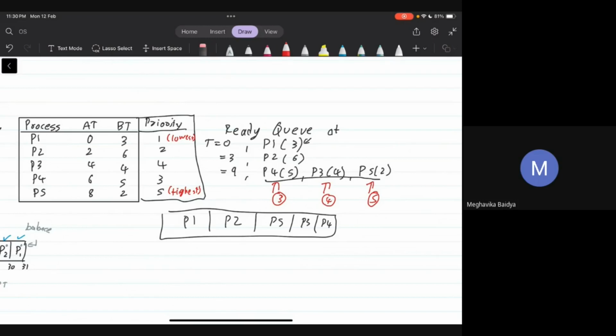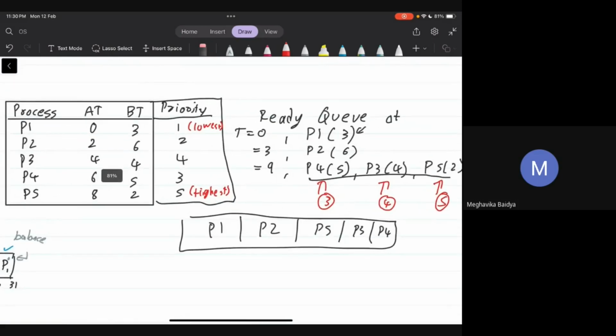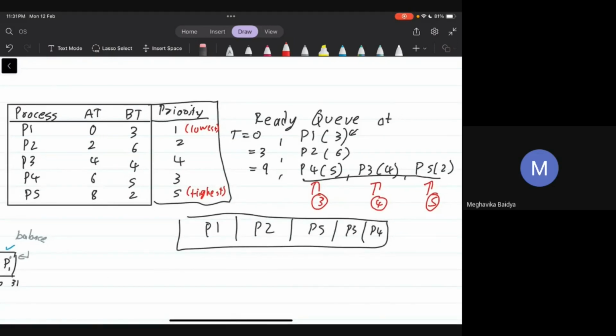Lenin, when you checked that t equals 9, did you check the arrival time of the remaining processes, or did you check the burst time to see if they are falling in the range? At t equals 9, you check the arrival time, right?